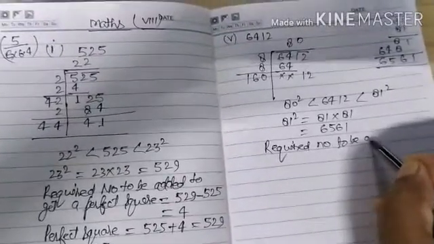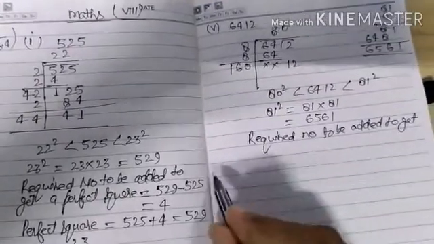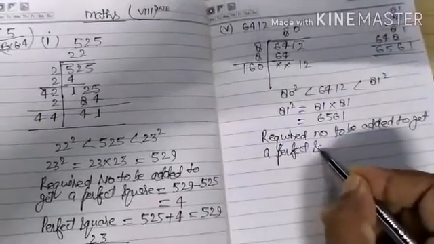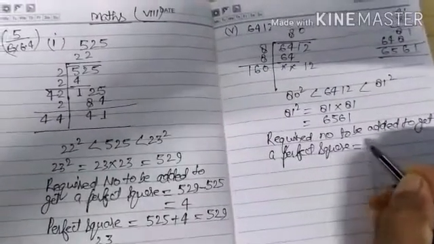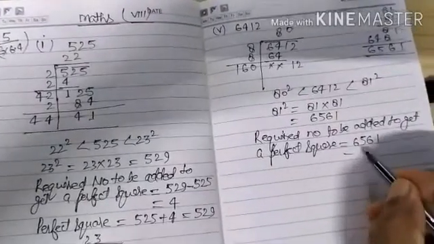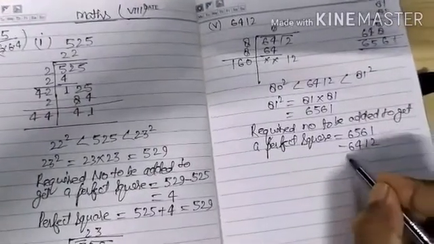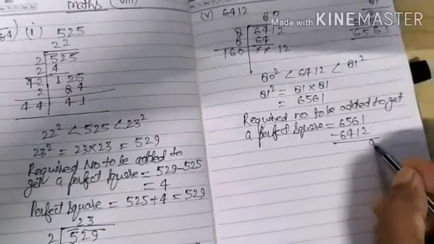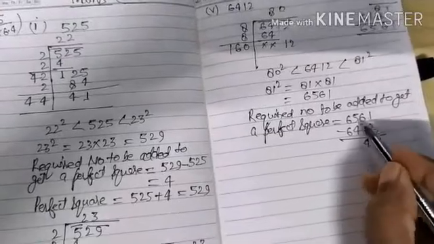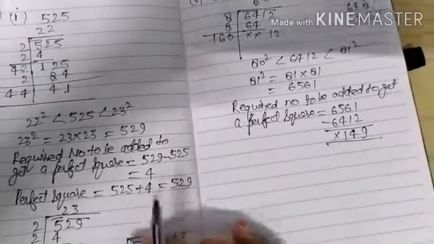Your required number to be added to get a perfect square is equal to 6561 minus 6412. You get 11 minus 2 is 9, 5 minus 1 is 4 and 5 minus 4 is 1, 6 minus 6 is 0.